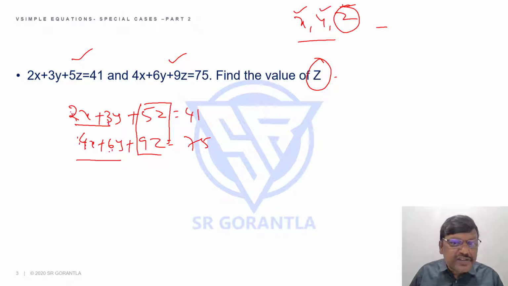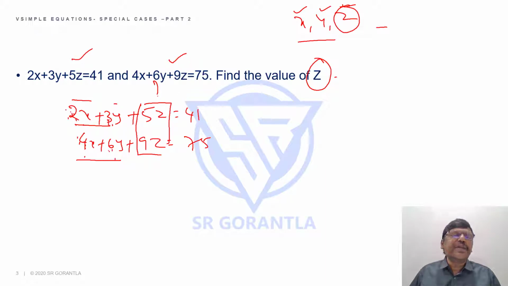What is the ratio here? 1:2. Is it same? Yes. When it is same like that, we can do it, students. 2/4 is 1/2, 3/6 is 1/2. Whatever variable you have to find out, if the remaining two variables' ratio in the two equations is constant, we can try.